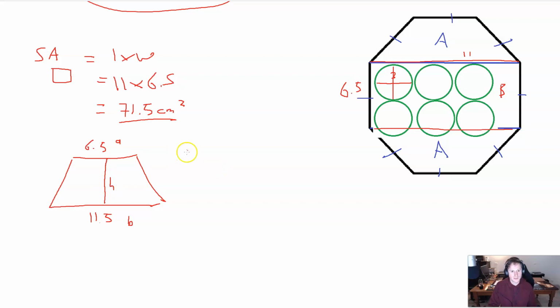Because the surface area of a trapezium equals A plus B over 2 times by height. So this is the thing that we don't have, this height here, okay? So this measurement here. How are we going to get that?